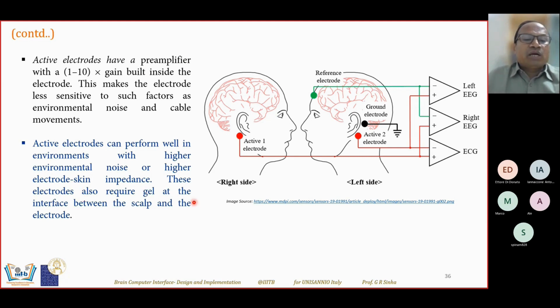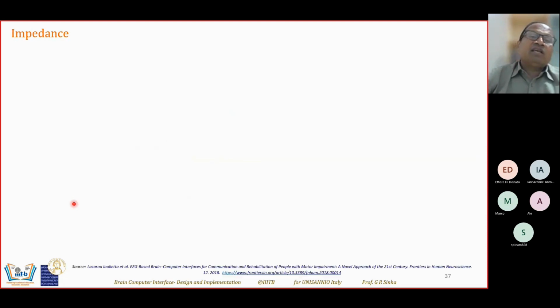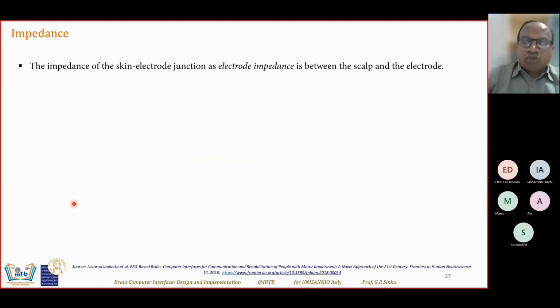These electrodes also require gel at the interface between the scalp and the electrode. The gel serves the purpose of providing an interface between the skin and the hardware. And another interesting thing is that there is always an interface between skin and electrode, and there will always be an obstruction, an impedance, at the skin-electrode junction, between the scalp and the electrode.